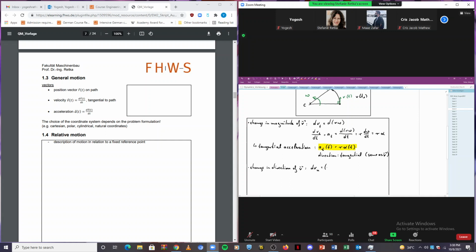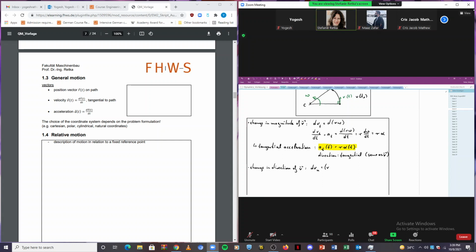I'm sorry, Professor. Yes. Because the direction of v is changing in a circular motion, we can never say that the velocity is constant in a circular motion. Well, the velocity itself can be constant in a circular motion, but the acceleration is not. But how, if we're changing direction, so the velocity is not the same because of the direction?